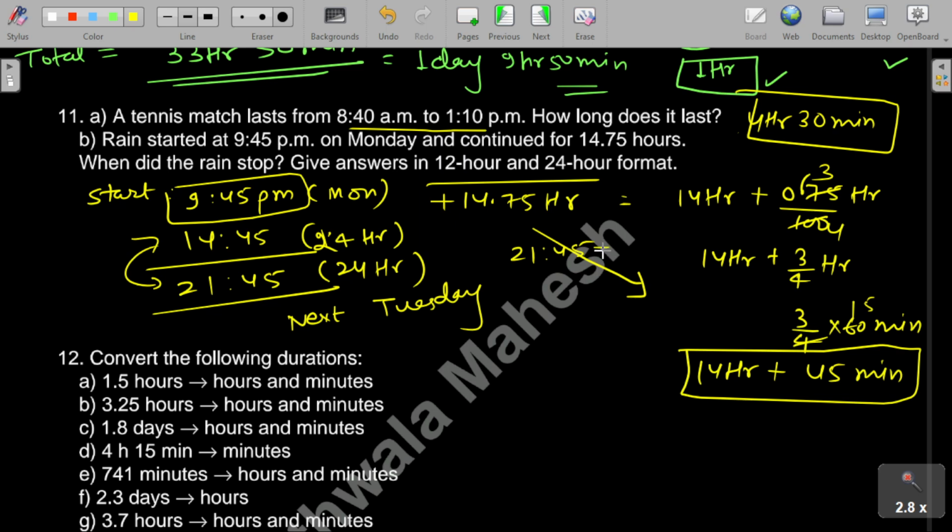If I add 15 minutes to 21:45, it is 22:00. If I add 2 hours, then it is 24:00.